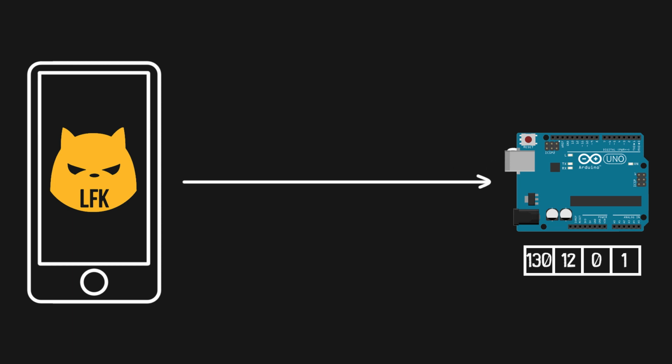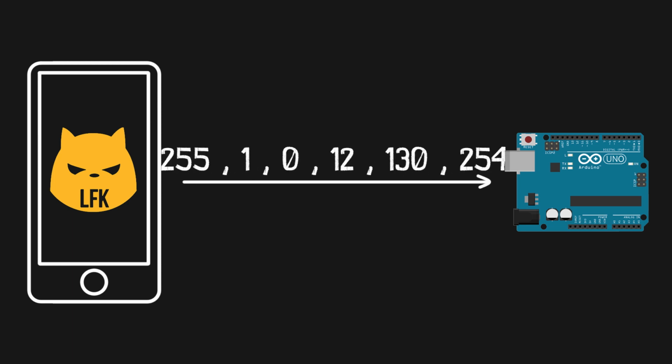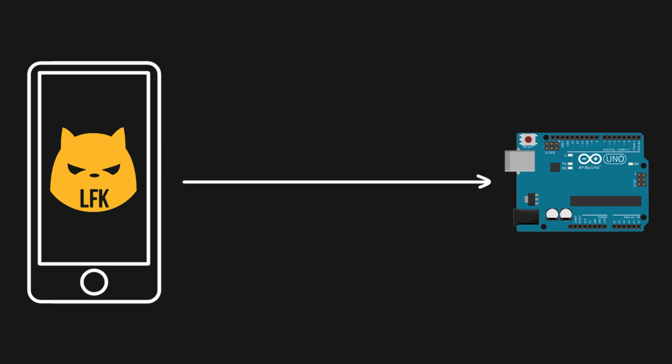At this point, if the array is full and the end byte is found, the Arduino will read the values stored in that array and use them to move the servos, turn the motor on and off, and throw the dart or not. And then repeat the same process over and over again. And this is how we are going to control our turret in real time, basically.